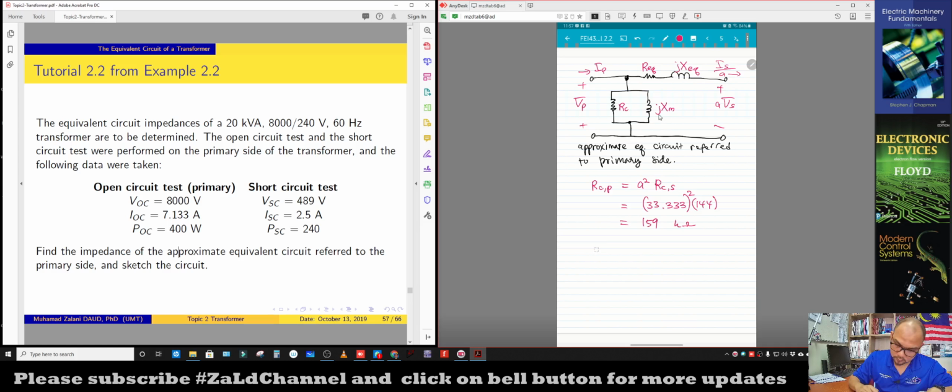Then XM referred to the primary side is A squared times XMS.